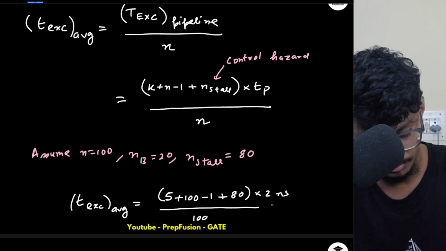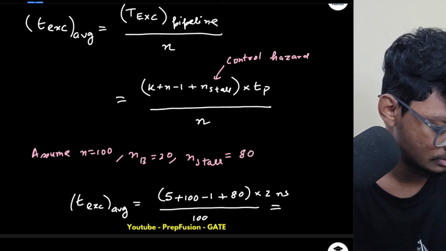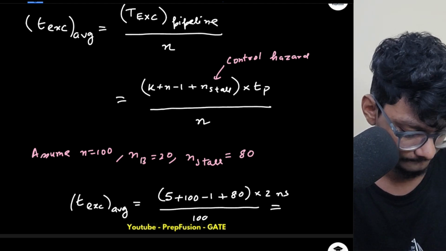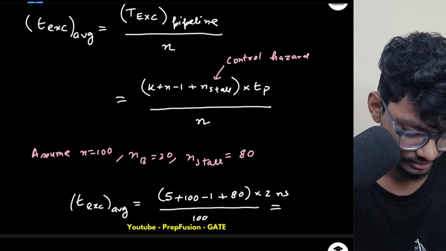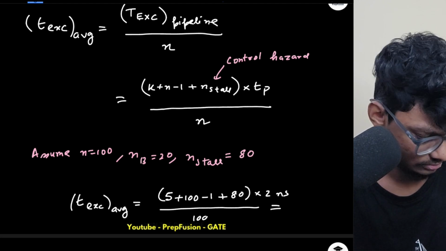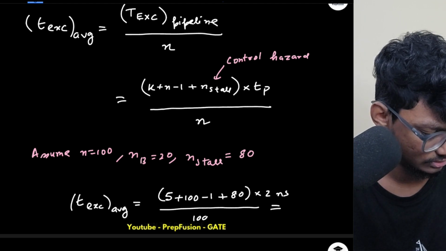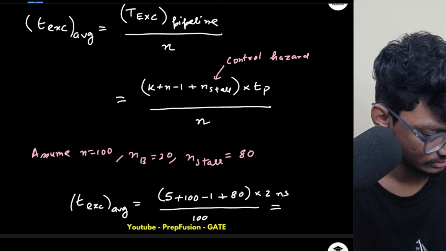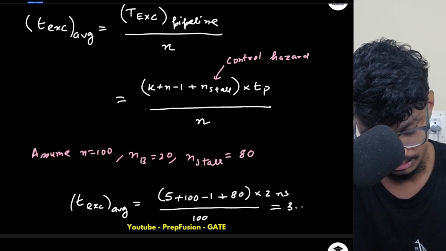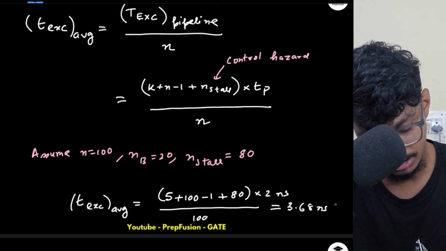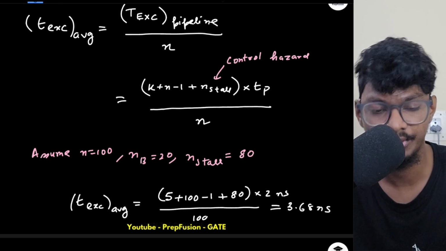So this will be (105 minus 1 plus 80) divided by 100, into 2. So 3.68 nanoseconds. If I have 100 instructions, then each instruction on average will take 3.68 nanoseconds.